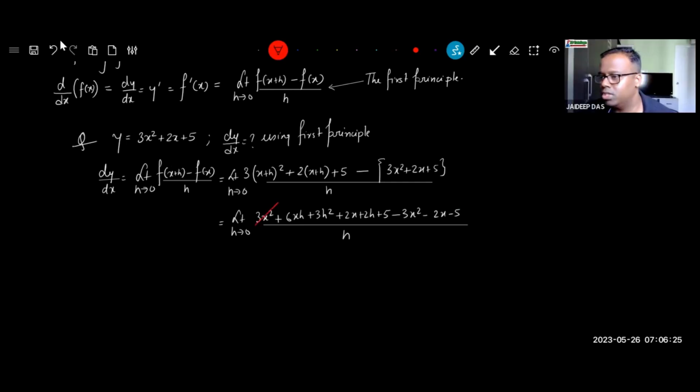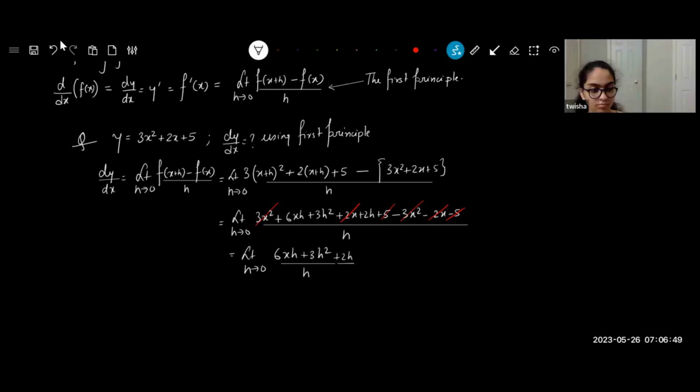So 3x squared takes off 3x squared. That's fine. 2x takes off 2x, plus 5 takes off minus 5. So we go forward. It's limit of h tends to 0, you have 6xh plus 3h squared divided by h, and plus 2h also is there. Is it right? Yeah, right.